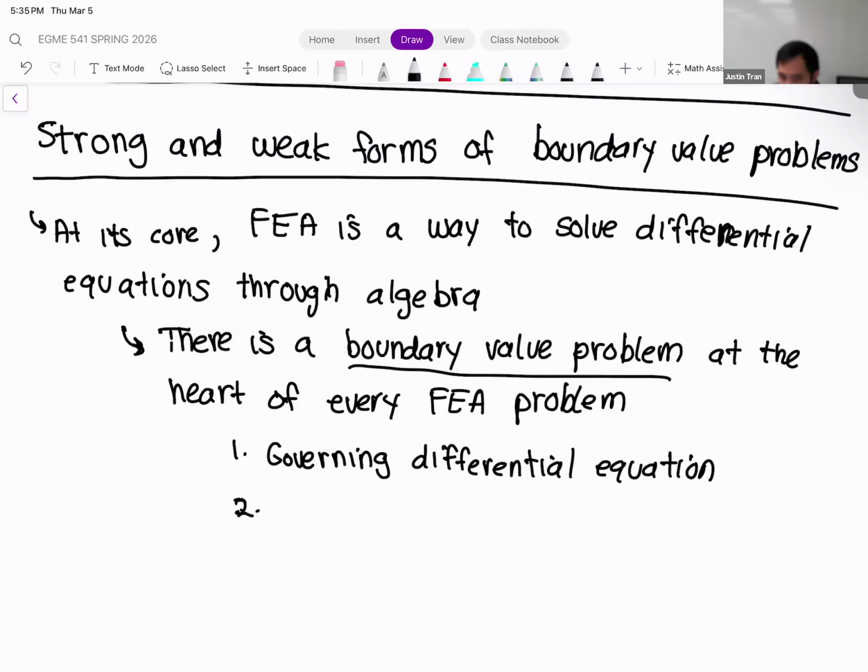Number two, there has to be some kind of defined geometry or defined domain. The definition of where we're solving our equation must be clearly defined.